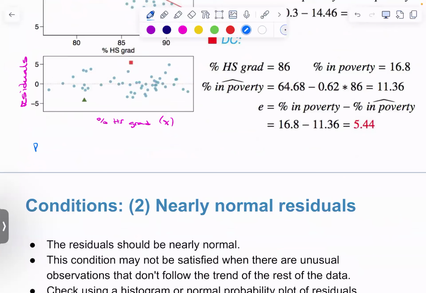The residual plot should be centered on 0, with random scatter around 0.